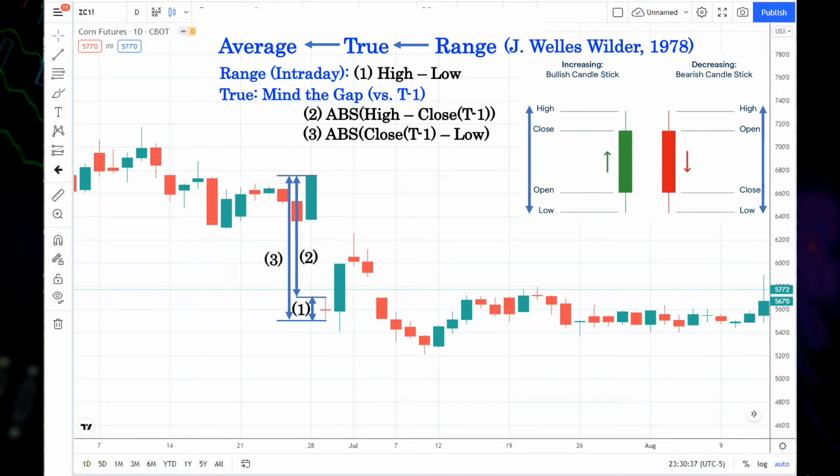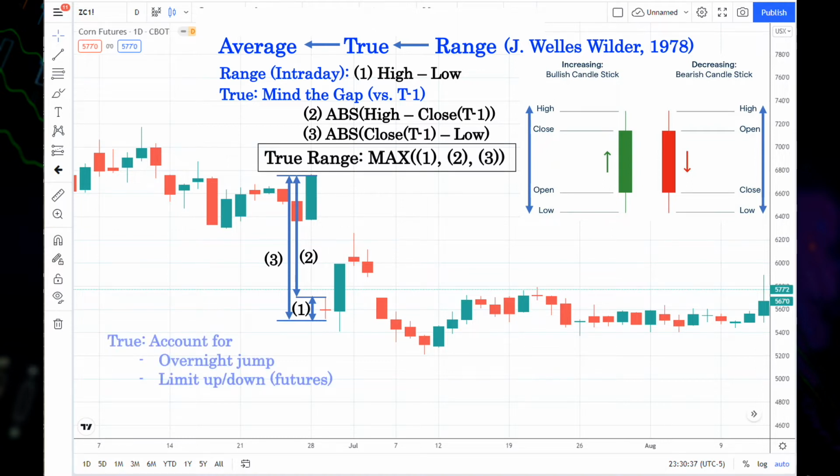In this particular case, the true range will be from prior day's close to today's low, since it's a bearish day and there's a gap. So that's the definition of true range, the maximum of 1, 2, and 3. And this definition takes into account the overnight gaps in the case of daily true range.